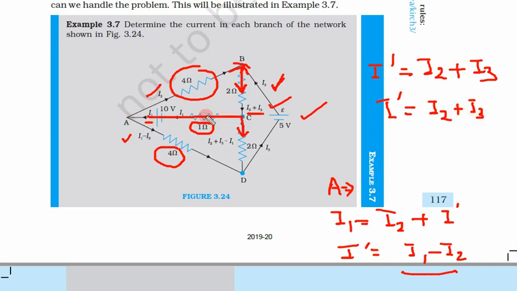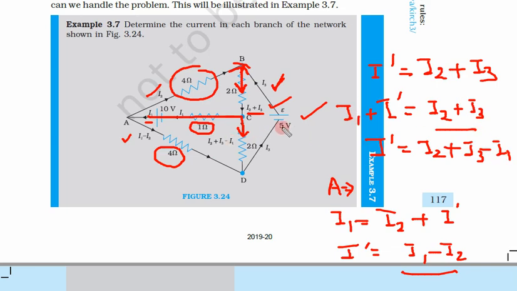But here we have seen another current I1. So this I2 plus I3 is divided into two parts, I1 and this I dash. So in this case, what is I dash? I dash is equal to I2 plus I3 minus I1.